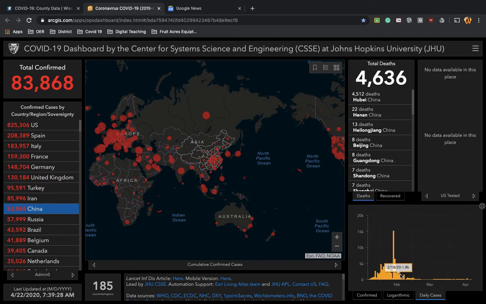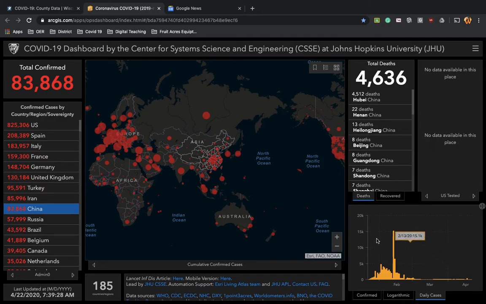And then a steady, slow decline until here on April 17th, China reported only 357 new cases of coronavirus, and they have had some days where they have reported no deaths from coronavirus.